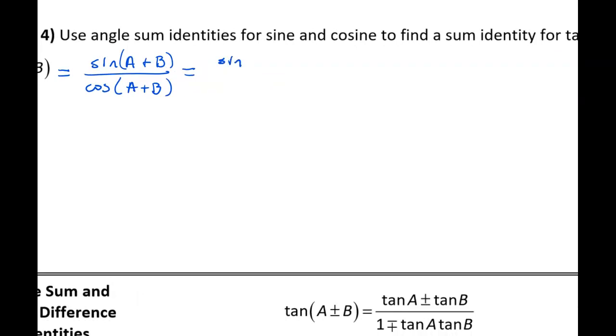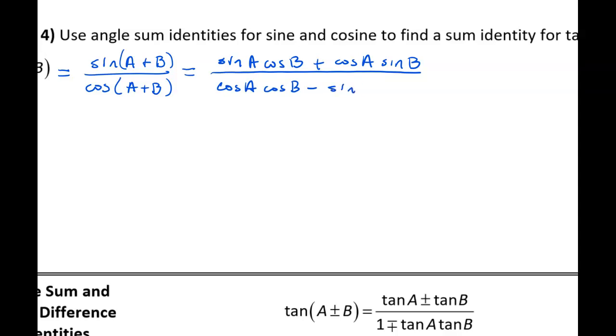Sine's formula is sine A cosine B plus cosine A sine B over, and now we have cosine's angle sum formula, which is cosine A cosine B minus sine A sine B.